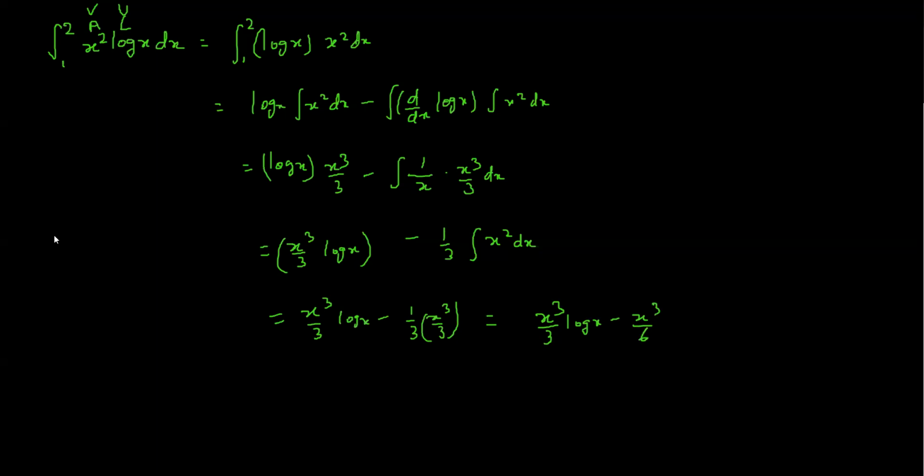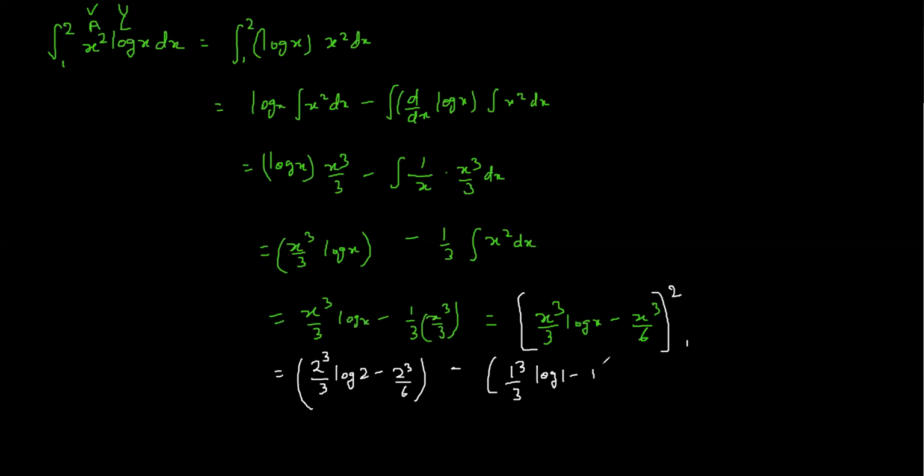After this, you have to put the limit. What is the limit? 1 to 2, right? So first we put 2 and then 1. 2 raised to 3 is 8, so 8 by 6.